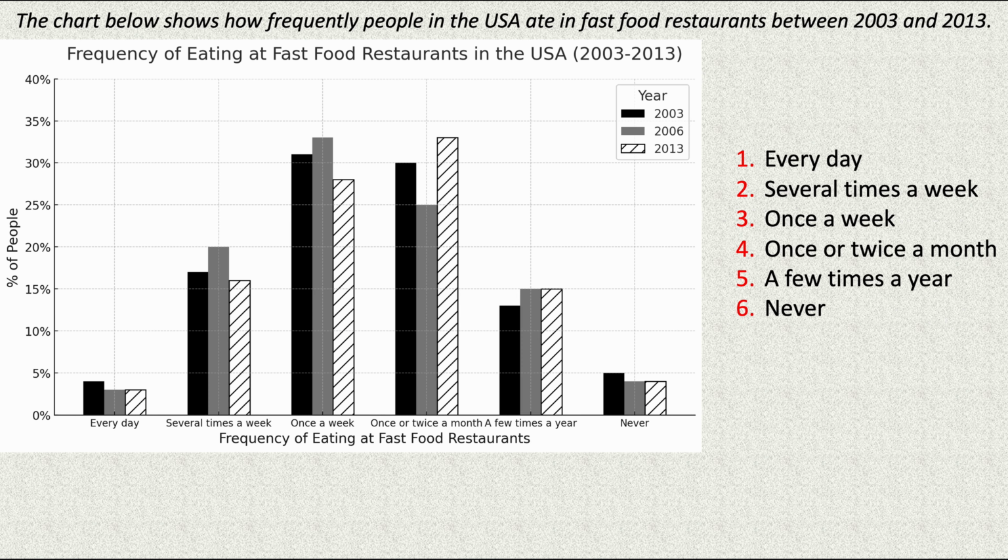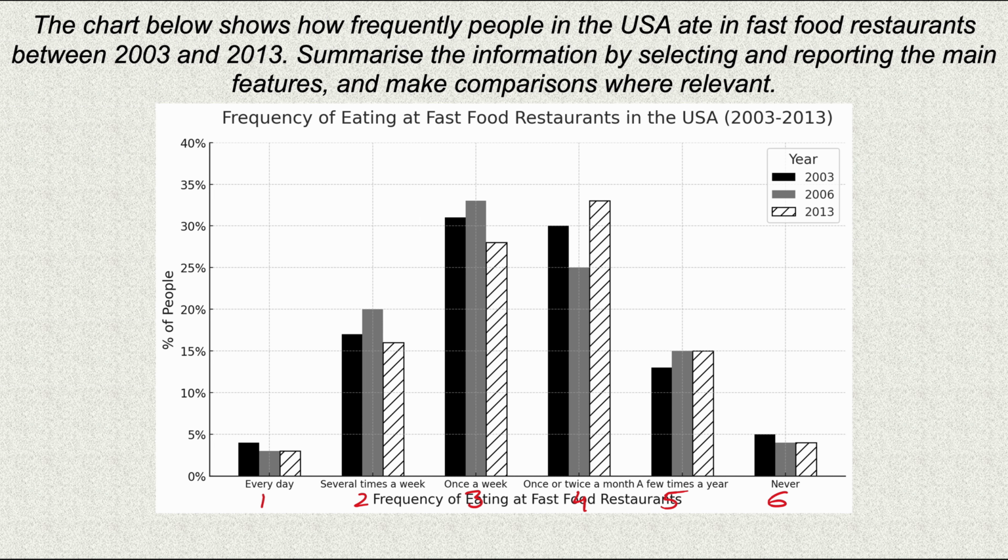Let's understand the data and plan what to write. First, we'll assign numbers to the 6 categories. This will reduce confusion, making it easier to plan. We cannot use these numbers in writing, but they help in planning. Keep in mind that we don't need to go into too many details.